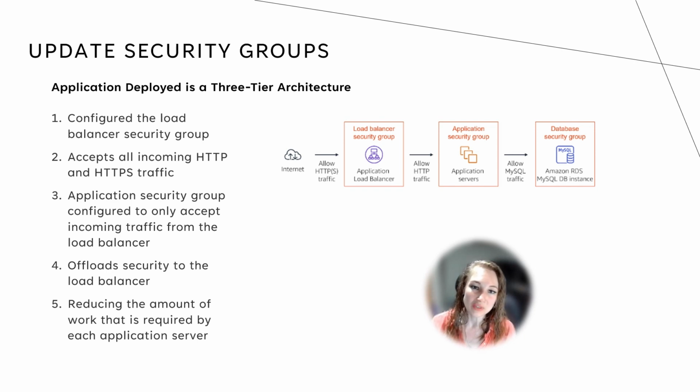Once you've completed those steps, you will need to update your security groups. The application that was deployed is a 3-tiered architecture, and you can see that in the diagram example here. We've got the load balancer security group, application security group, and then the database security group.